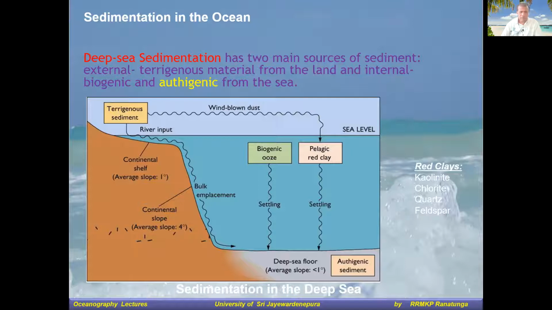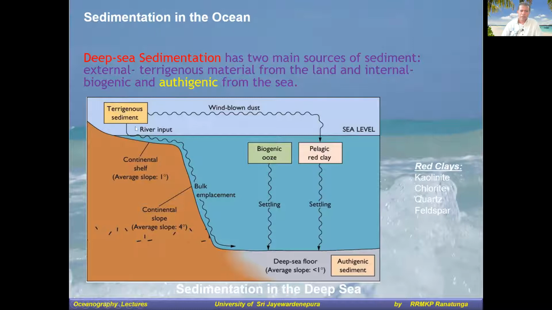So usually we talk about the 4 different types of sediments: the Terrigenous, the Biogenic, the Cosmogenic, and Hydrogenous sediments, which we will come to. Like in this diagram, you will see where the ocean, especially the deep ocean, gets this sediment from.